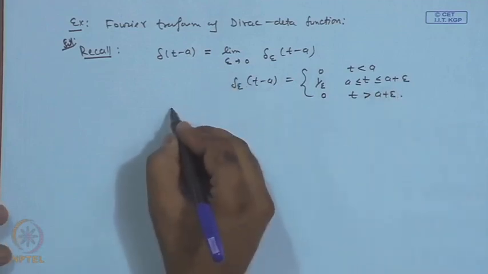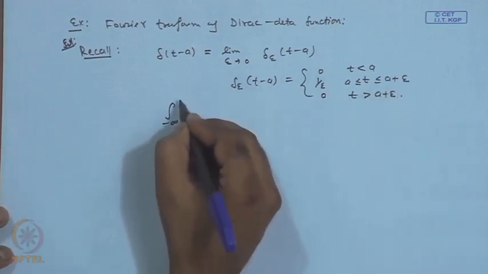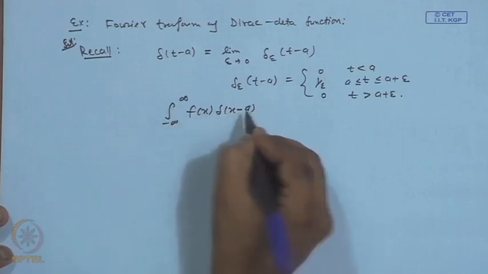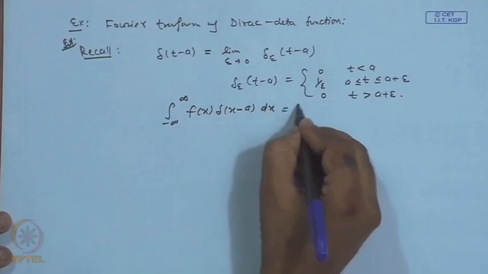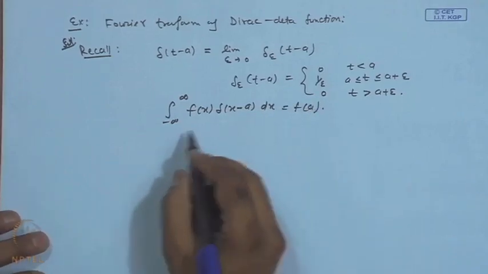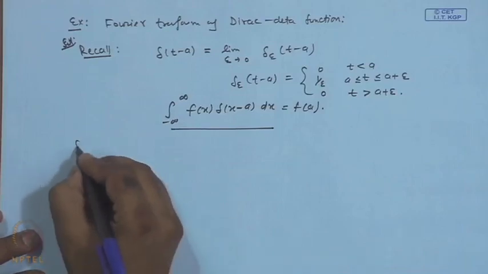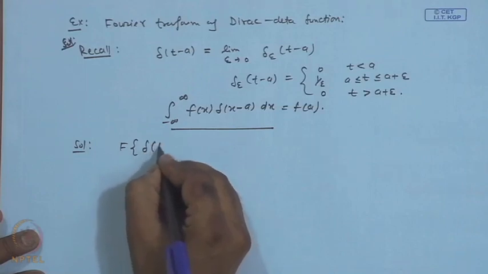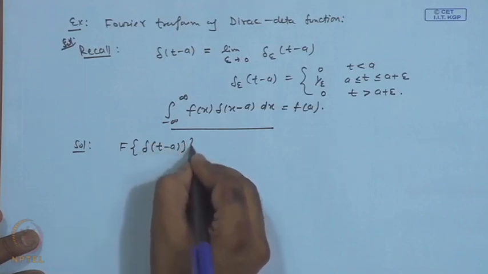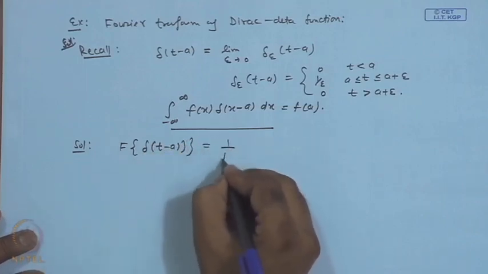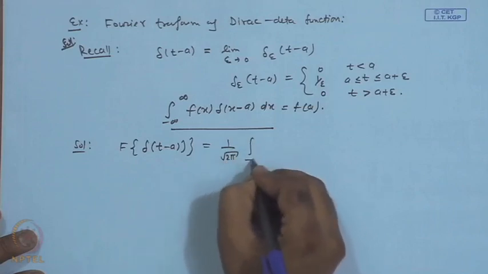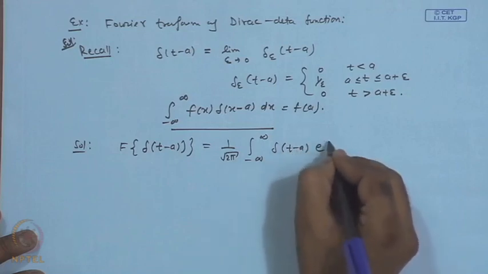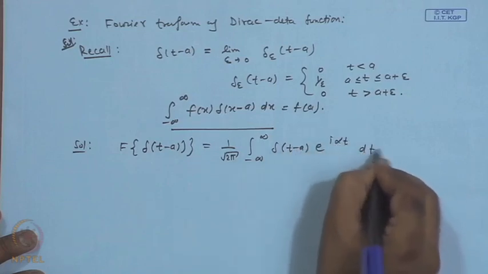So with this definition we have seen that the integral from minus infinity to plus infinity of f(x) delta x minus a dx is f(a), and with this definition we can easily get the Fourier transform of this Dirac delta function, which will be 1 over square root 2 pi, integral from minus infinity to plus infinity of delta t minus a e power i alpha t dt.